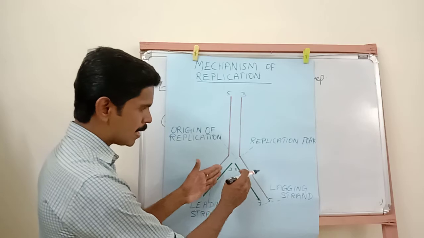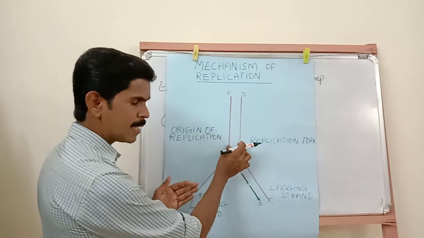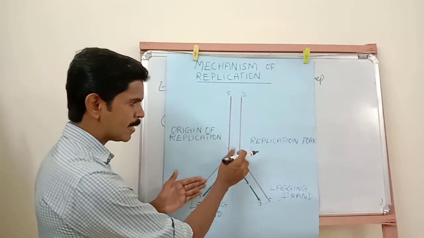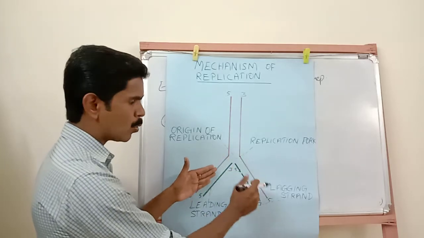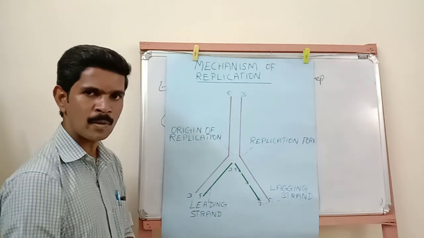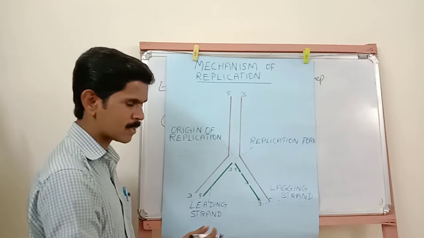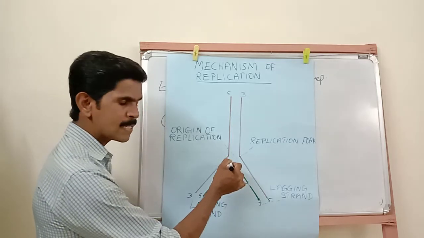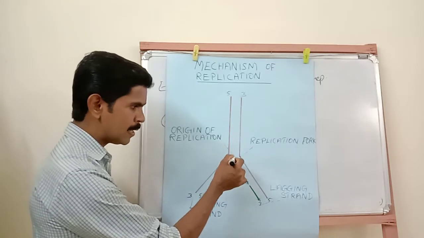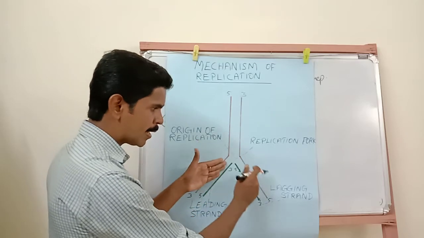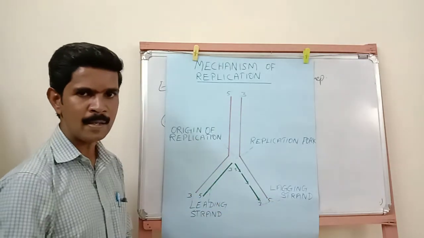From this area, the double stranded DNA is unbinding. Here one enzyme plays a very important role. The name of the enzyme is DNA helicase. More DNA helicase is present in this region, and this DNA helicase unwinds or separates the double stranded DNA.